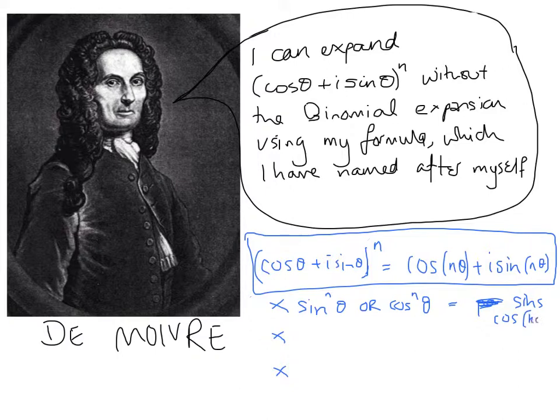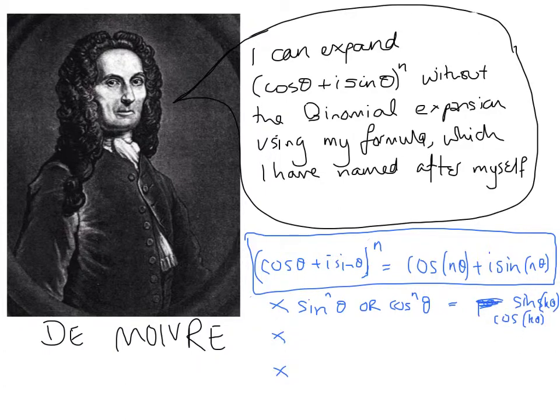So cos k theta, sine k theta. So there'll be no powers; we'll be able to rewrite this in terms of sines and cosines of lots of angles, but no powers on any of the sines and cosines.